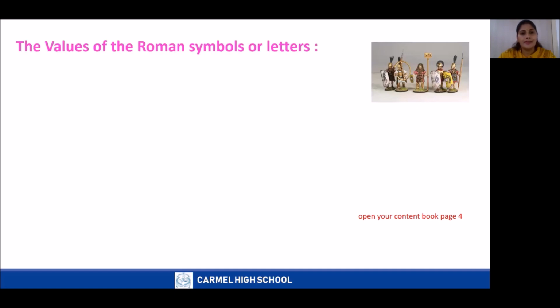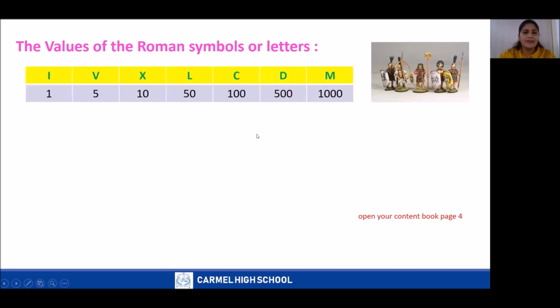Can you see the values and the rules on the page? Yes, what are the values of these symbols? Come, let's study. The values of the Roman symbols are like this. Can you see the table? Yes.